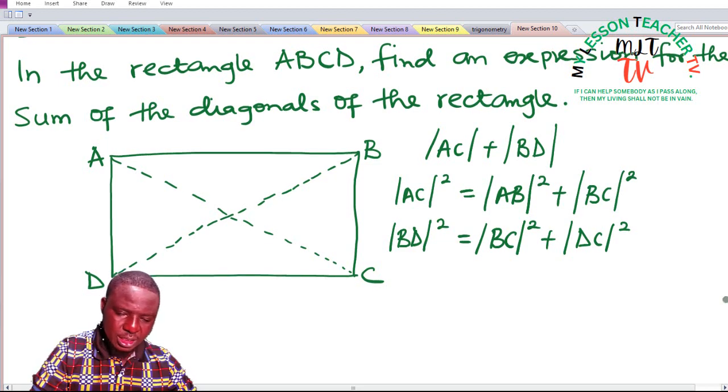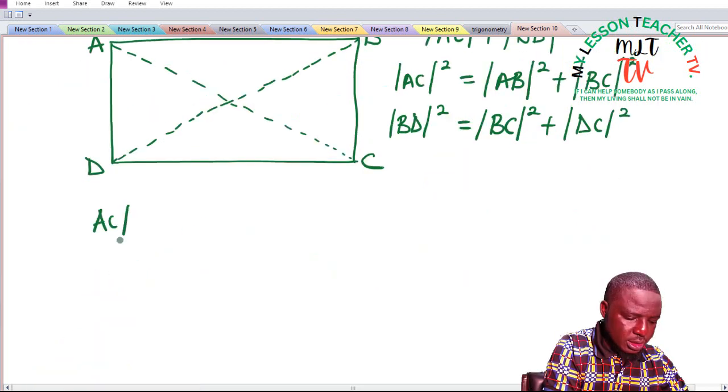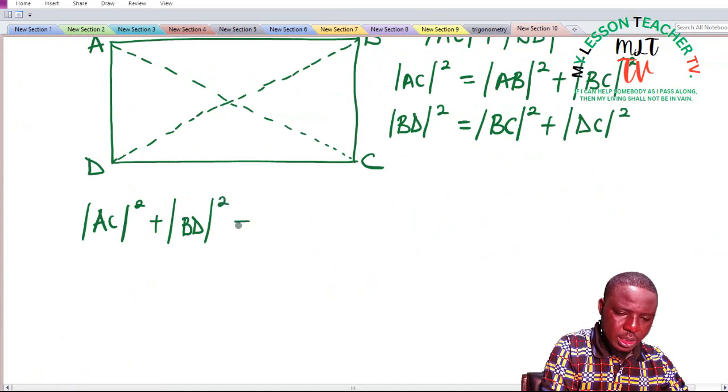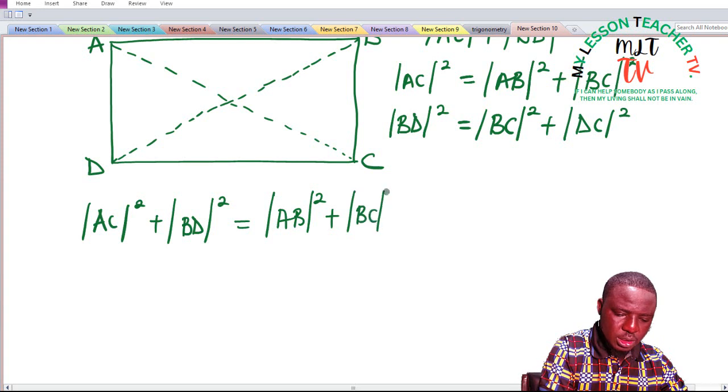We then have it that AC squared plus BD squared is equal to AB squared plus BC squared plus BC squared plus DC squared.